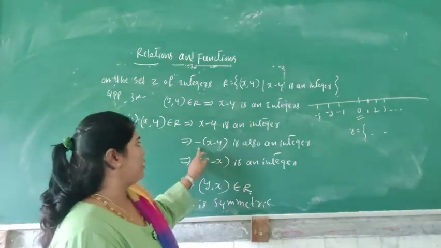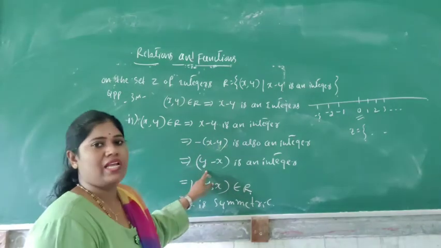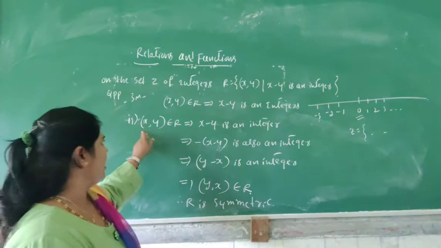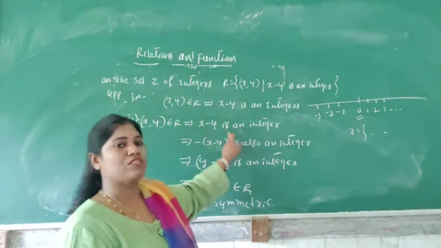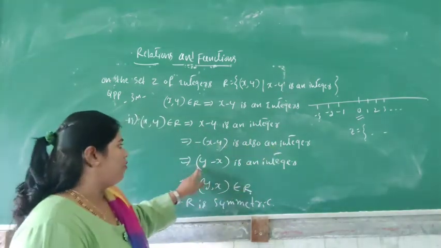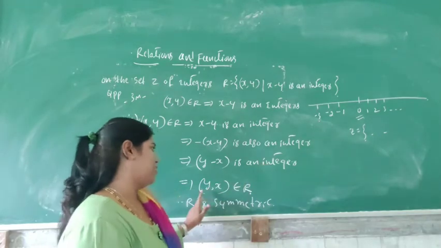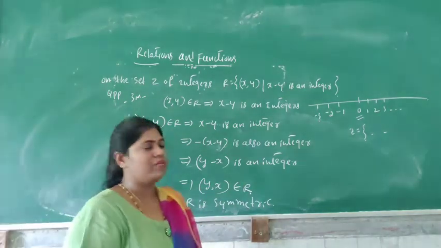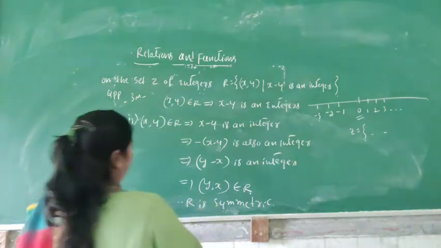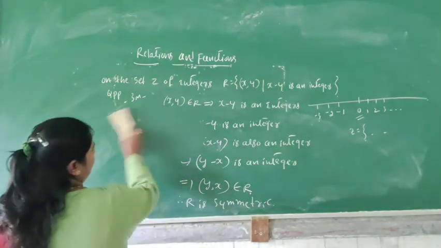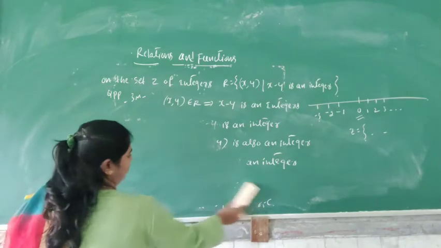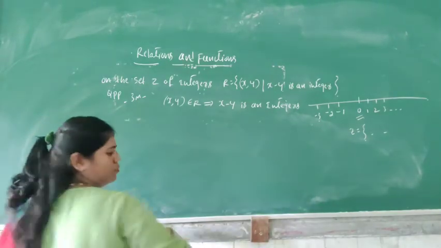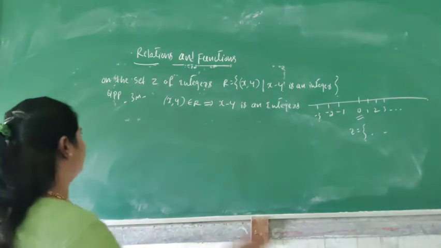So minus of x minus y can be written as y minus x is an integer. y minus x is an integer means yx belongs to the set R. So R is symmetric. Then what do we have to check? Transitive, right?